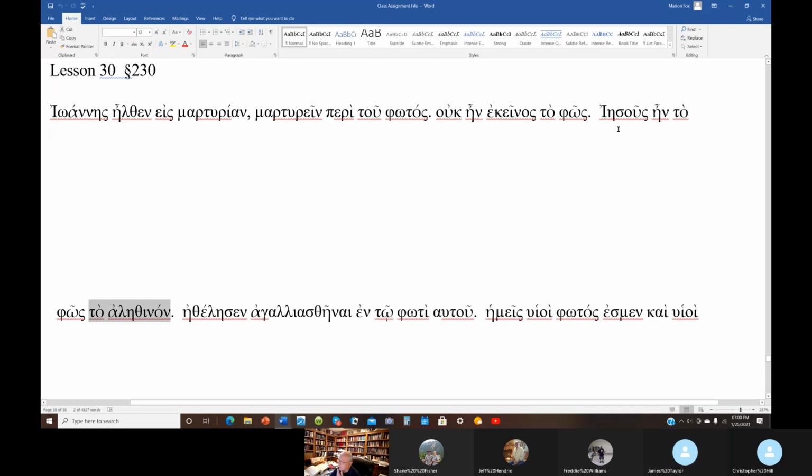Now, a predicate nominative with a double article is really emphatic. Does that make sense? Predicate nominative is for emphasis. So he's emphasizing Jesus as the true light. Okay. It's actually a predicate adjective, not a predicate nominative. Okay. Any comments there?